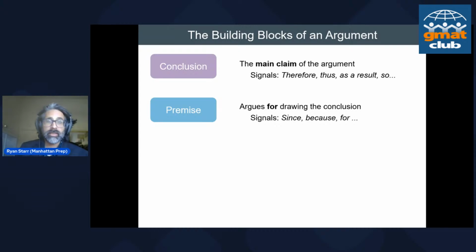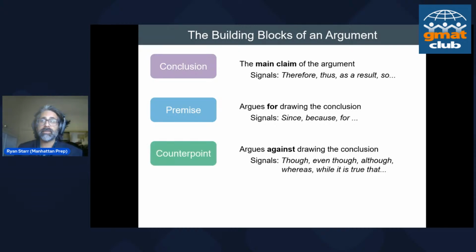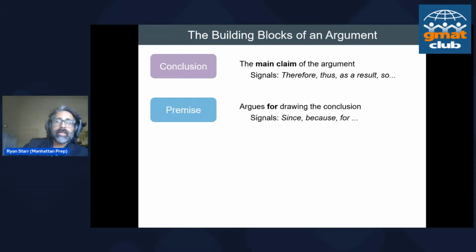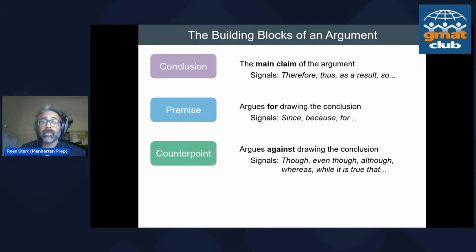For boldface questions, you're definitely going to need to know these parts of an argument. Now, those two parts, I should say, before I go on to counterpoint, conclusion and premise, those are the parts that will be in all assumption-based questions: evaluate the argument, assumption, strengthen, weaken, and to some degree even explain a discrepancy and fill in the blank questions. These are necessary for an argument. However, there are other things that can show up in an argument, and this is especially true in the boldface questions that we're going to look at.